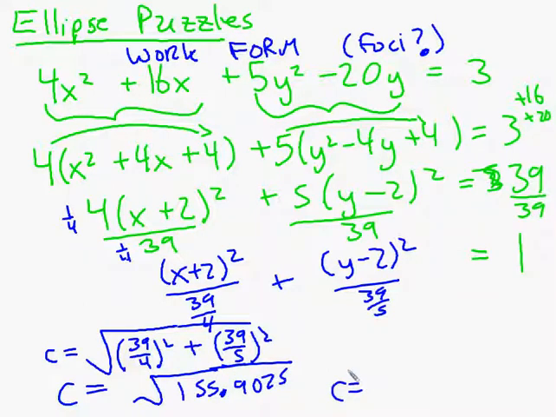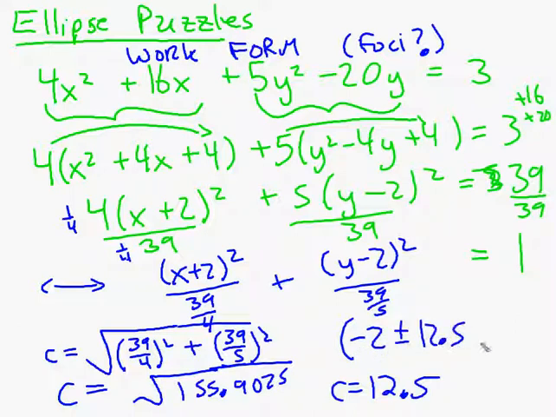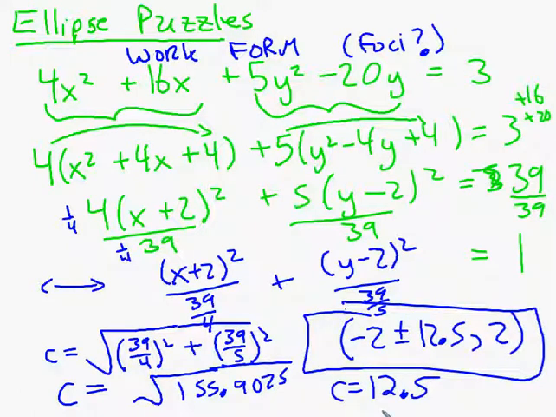So C, I'm going to do that to the nearest 10th, 12.5. Okay? This is not where the foci are. The foci open along, so this opens left and right because my A is larger. So my center is -2, then plus or minus 12.5, and then 2. And these are my foci.